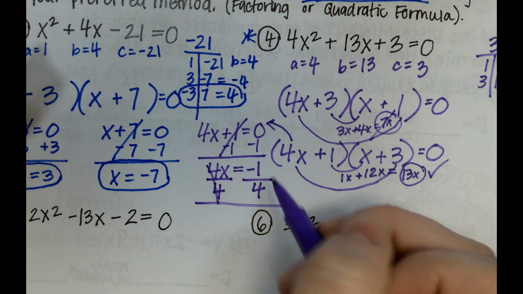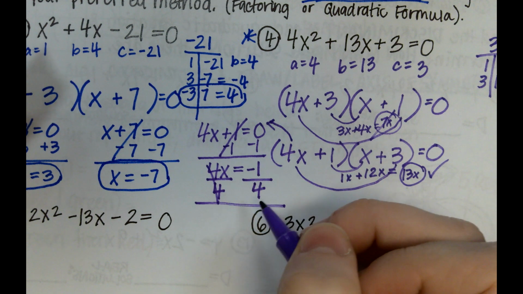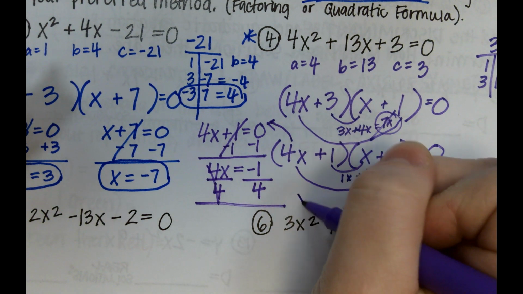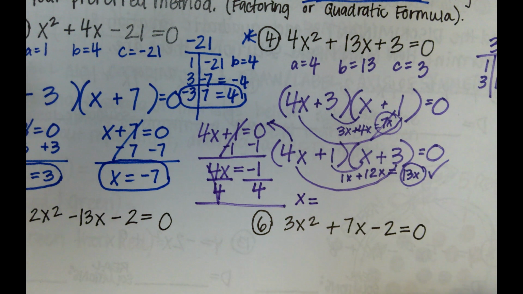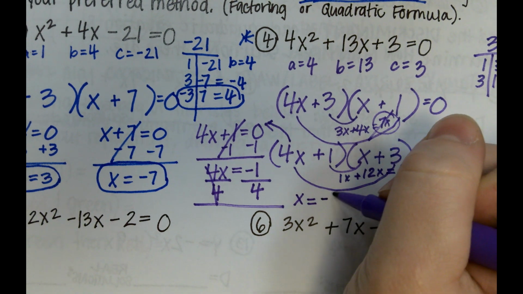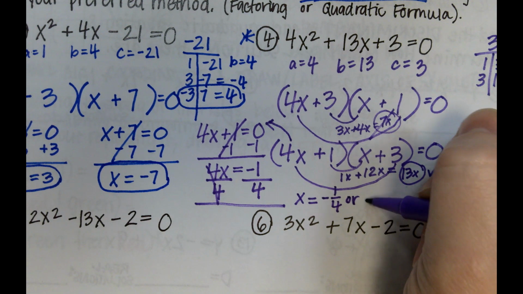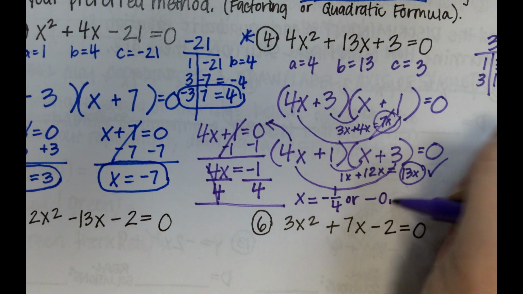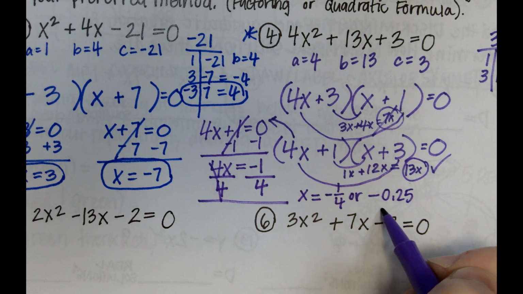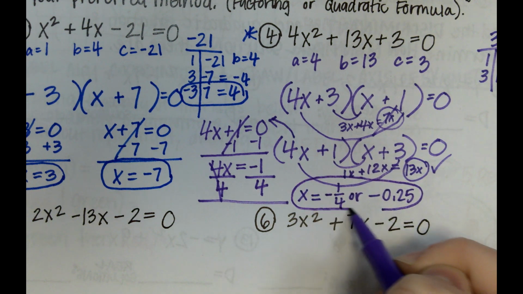Yeah, you could keep it as a fraction if you want. X is negative 1/4. If you wanted, you could also divide it in your calculator and get a decimal. I am fine with either answer. X is negative 1/4 or negative 0.25. So there's our first x value.